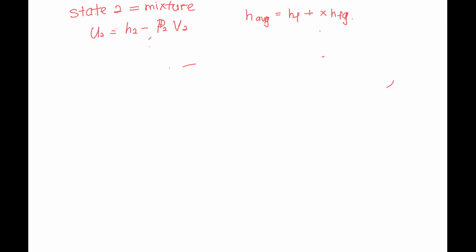Okay, and here according to the pressure just now, I've done the interpolation, so I'm going to straightly put the figure. HF at 2.9 bar equals 556.5 kilojoule per kg, and then HFG is equal to 2166.6 kilojoule per kg.